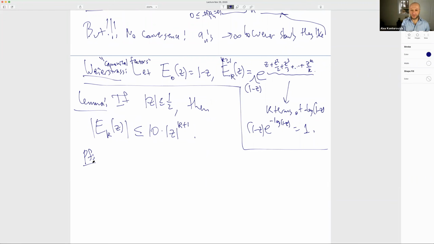So, proof. How shall I do this? Let's do it like this. If |z| is less than a half, on this disk, 1 minus z does not vanish, and so it has a log. So there exists a log of 1 minus z such that 1 minus z is equal to e to the log of 1 minus z.